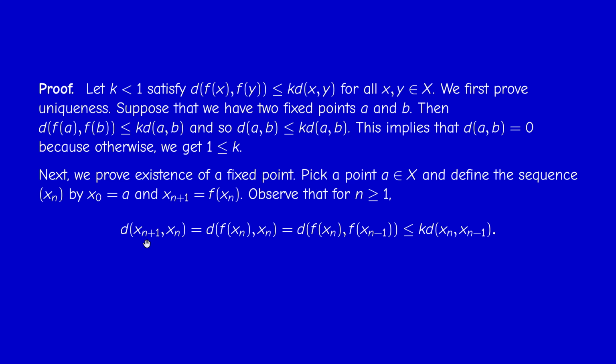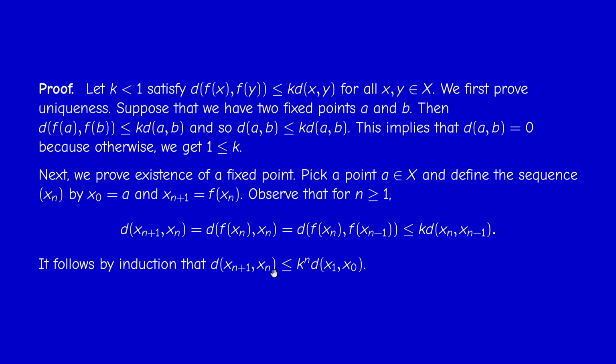So let us first evaluate the distance between x_{n+1} and x_n. We replace x_{n+1} by f(x_n), and x_n by f(x_{n-1}), and we apply this inequality. The distance between f(x_n) and f(x_{n-1}) is less or equal than k times the distance between x_n and x_{n-1}.